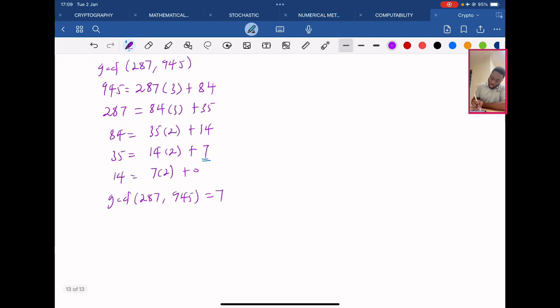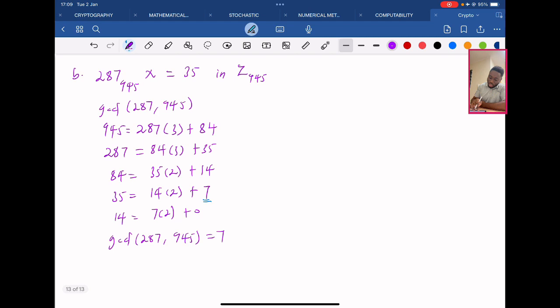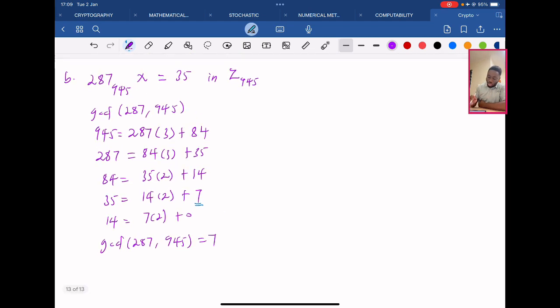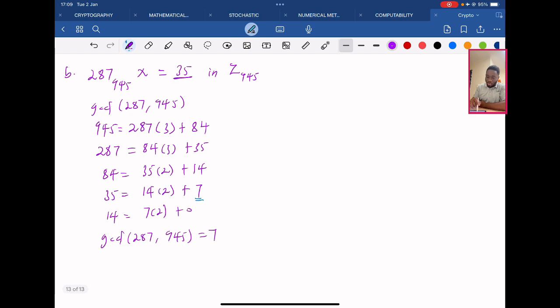And if you recall yesterday, we said for a solution of this kind to exist, the GCD should be able to divide whatever is over here.